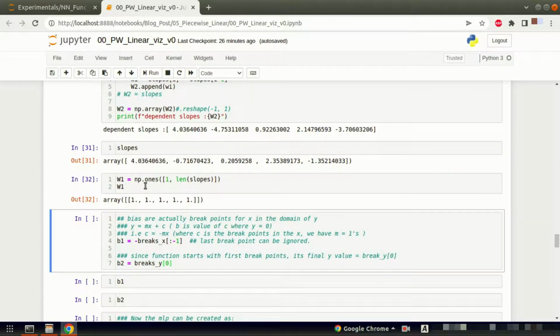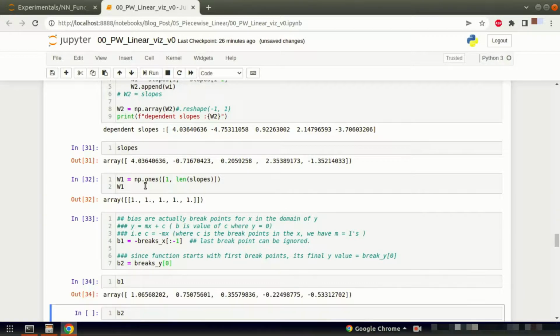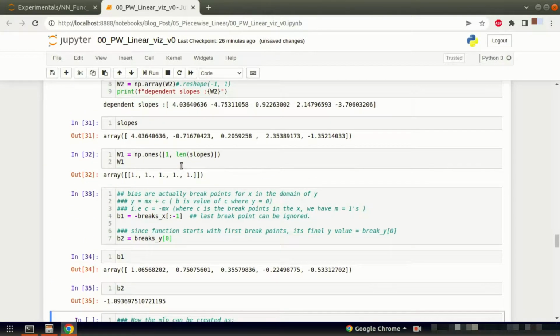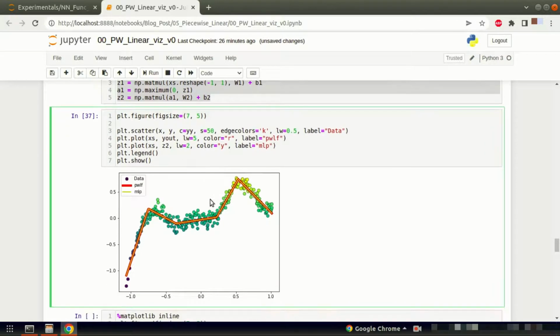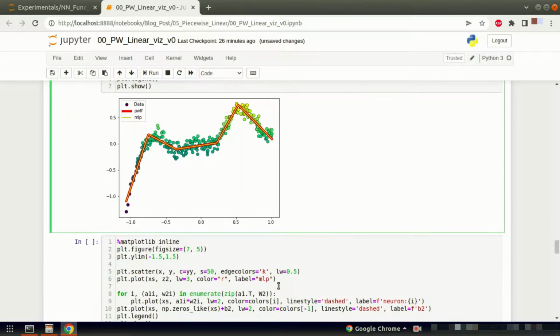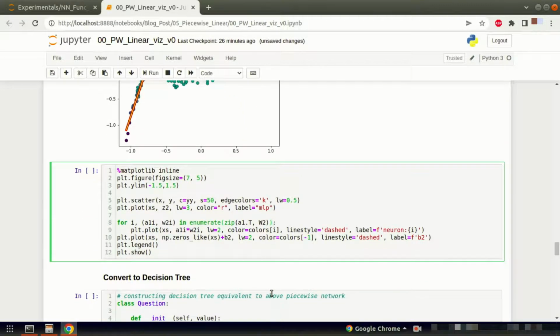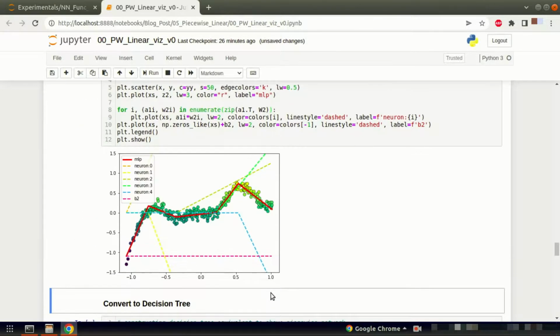Doing so we get W1, W2, B1, B2, right? If we forward propagate with those parameters, we get this output, and we can see both produce the same result. And we can see the individual neurons, right? How we designed it and how it happened.